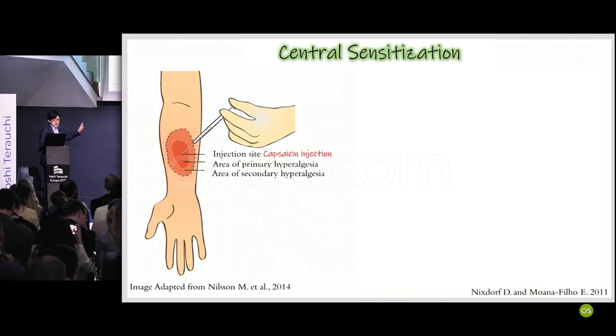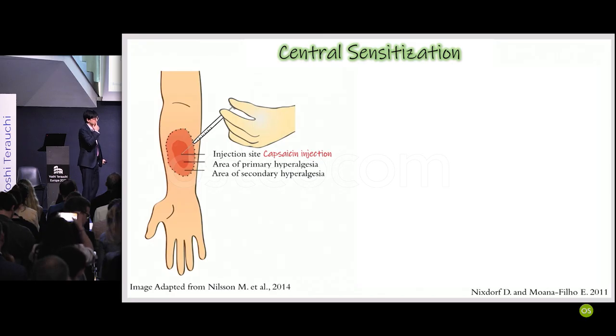So this is a very good study. You know capsaicin? Capsaicin is the pepper ingredient. It's included in tear gas or something to protect yourself from bad people. So if you inject capsaicin into the arm, you feel big pain, right?